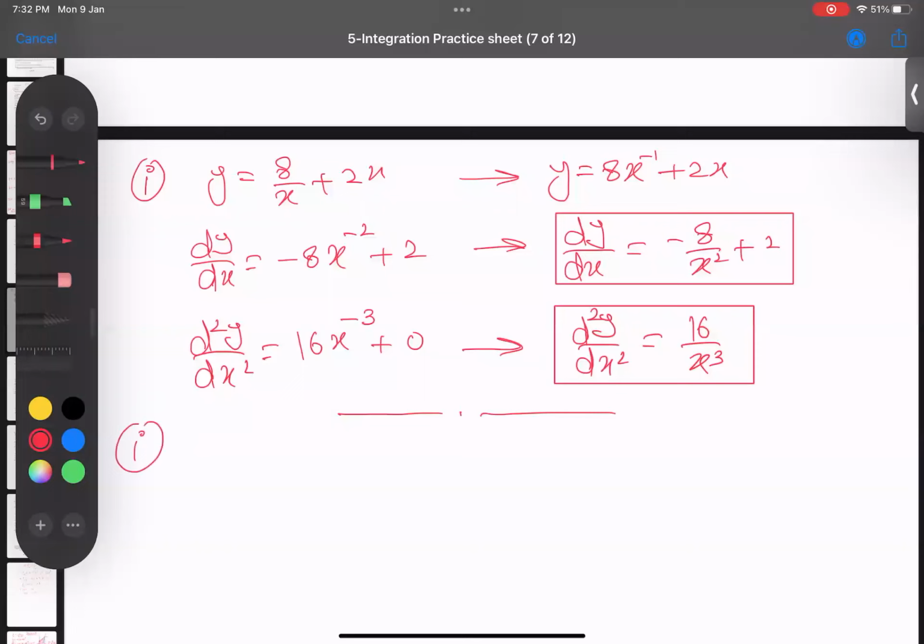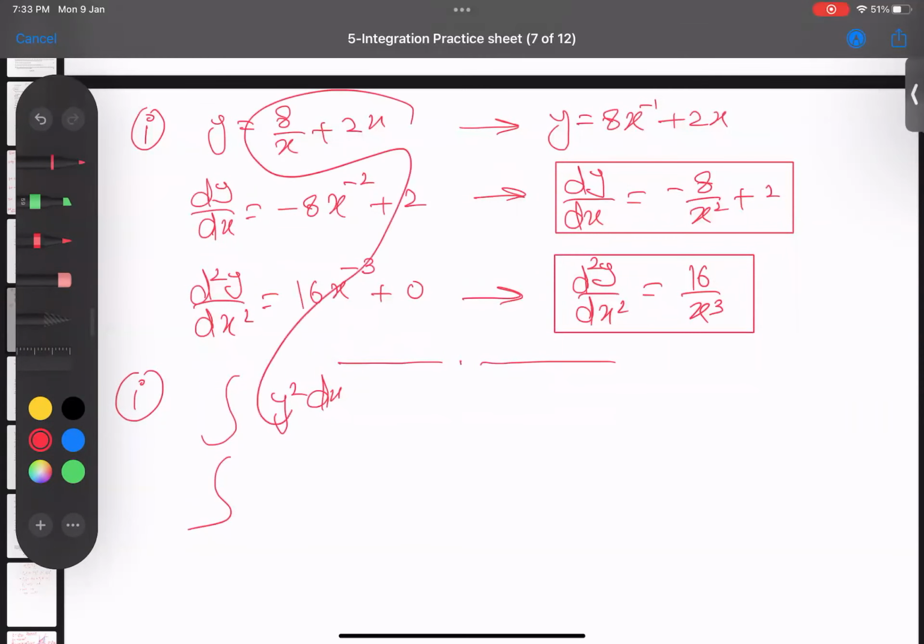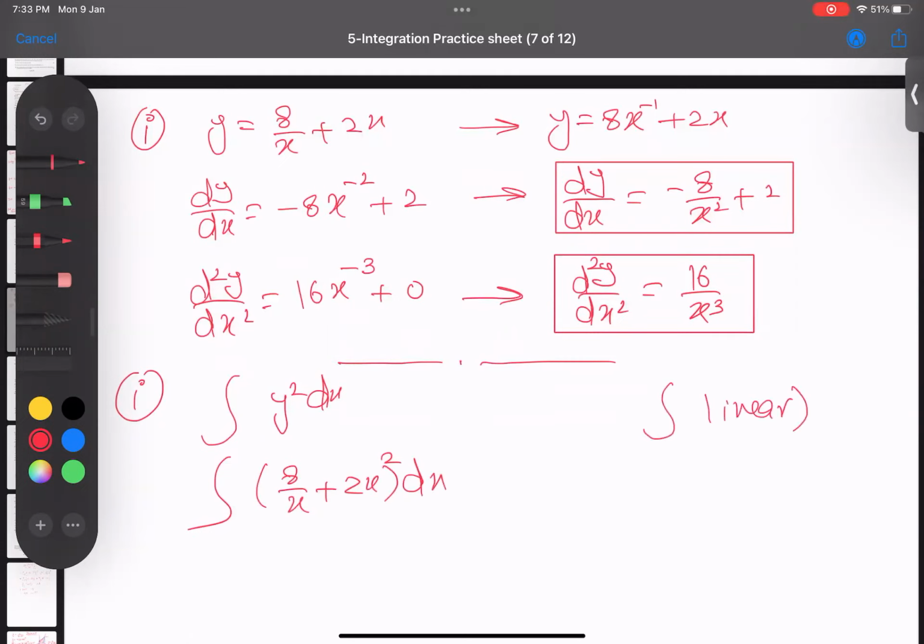Still part I is going on: integration of y squared dx. It means I will plug in this value here. So have a look, (8 by x plus 2x) to the power 2, and dx. The very important point is that if I have a linear function with power 2, I will do direct integration.